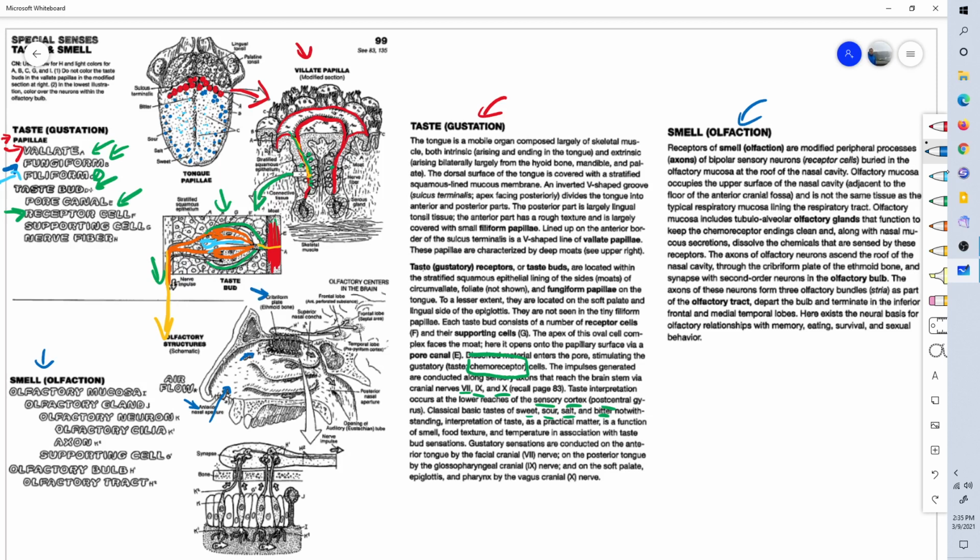The cribriform plate is part of the ethmoid bone, a cranial bone. And there are tiny little holes in the cribriform plate, this hole right here on either side.